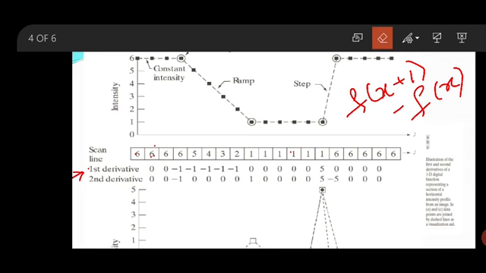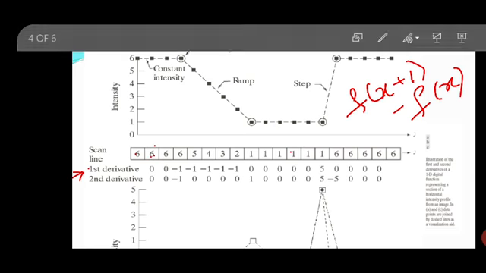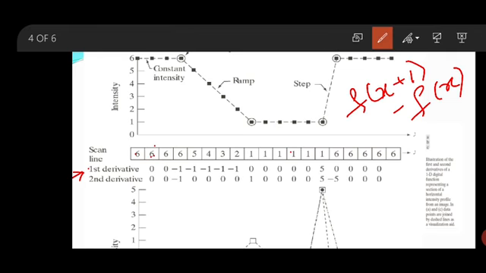This is f of x, and its value is 6. F of x plus 1 is 6. 6 minus 6 is 0. That is the answer you get here.